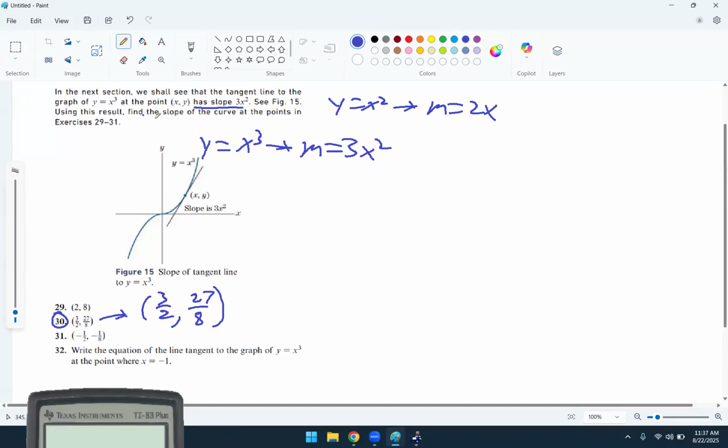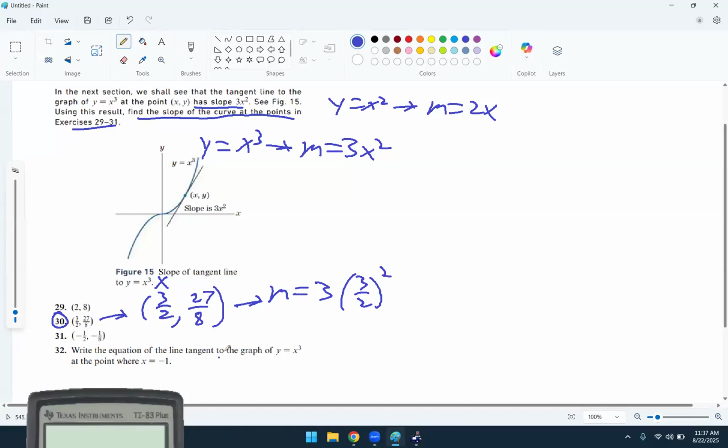Use this result to find the slope of the curve at the points. So find the slope of the tangent line to this point, for example. Just plug it in. It's 3x squared, so we don't need the y coordinate. Therefore, the slope at this point on this curve is going to be 3x squared, which is 3 times my x, 3/2, squared.